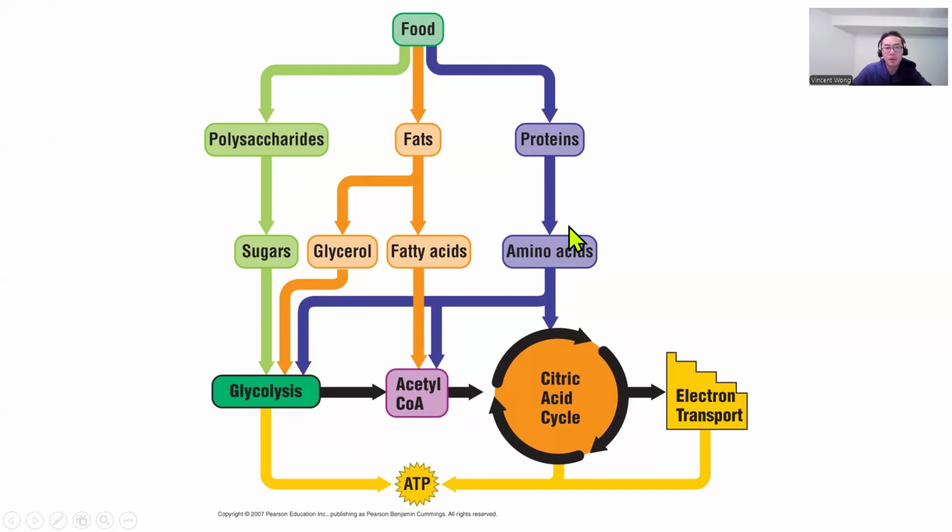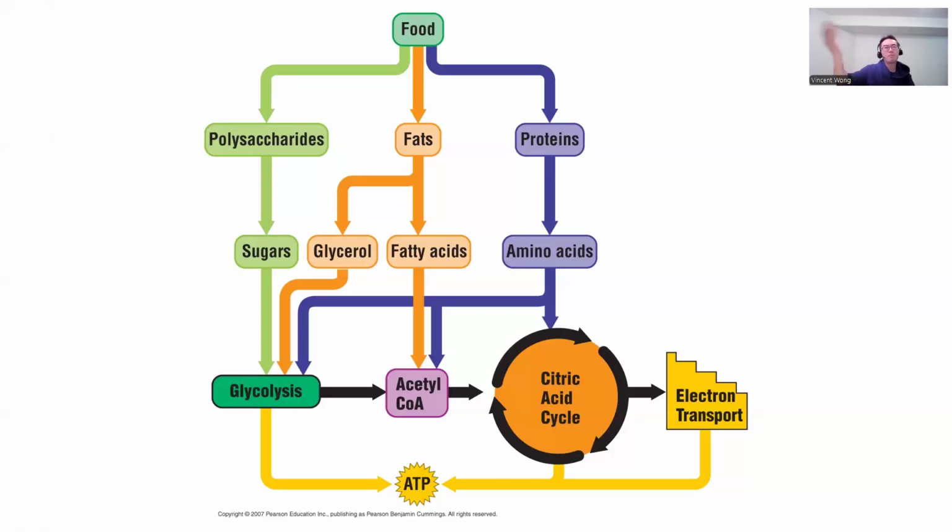Depending on what kind of amino acids you have, you can feed them into different points in cellular respiration. In other words, we don't always have to start from the beginning with glycolysis. Using fats or proteins, you can create molecules that are along the way of cellular respiration and then just use them from that point on.